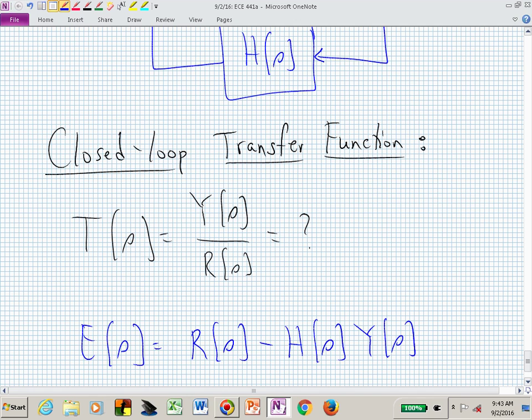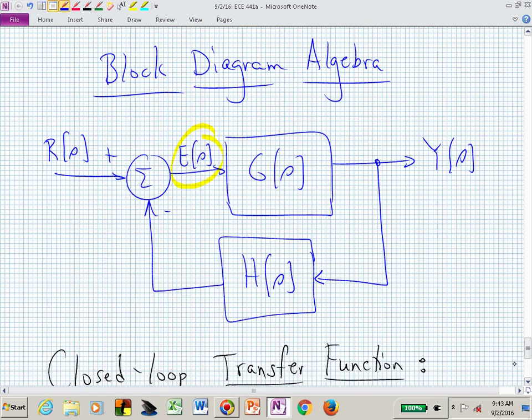If we want a transfer function, T, between the input R and the output Y, we don't want E's eventually in our expression. We just want R's and Y's. But we can also express Y in terms of E. Y is just G times that E, just by looking at this block diagram and how these signals and systems are interrelated.